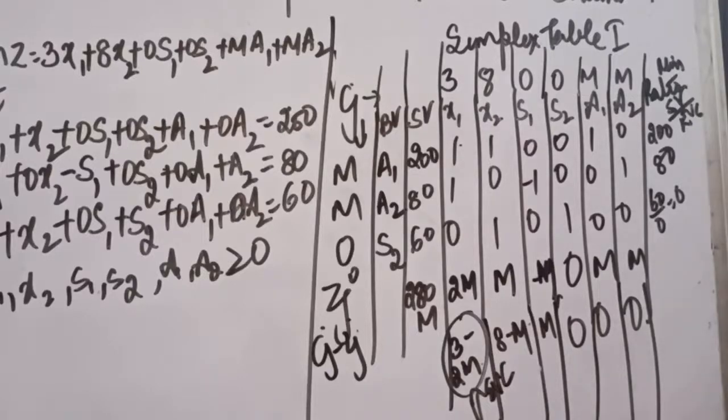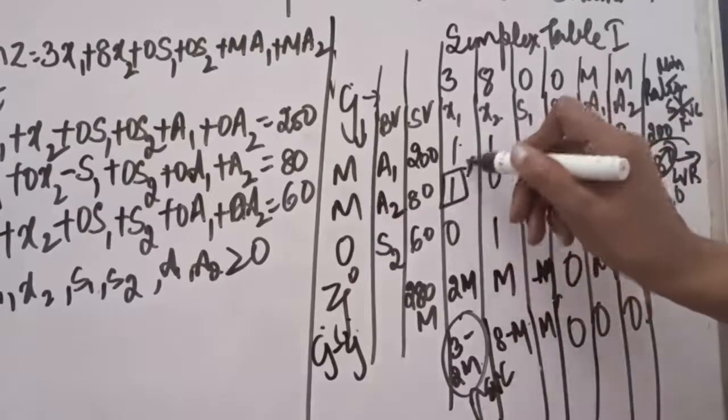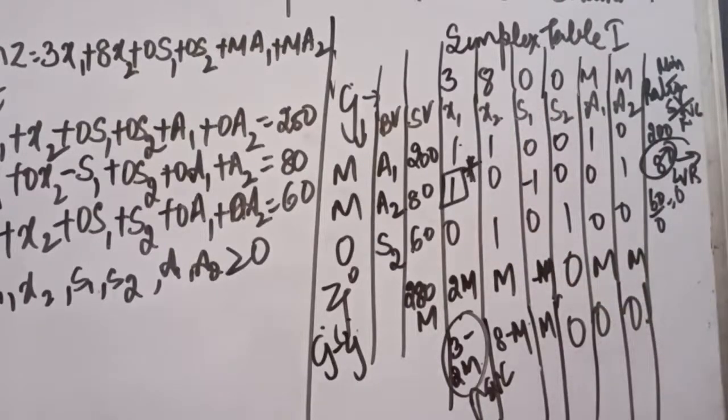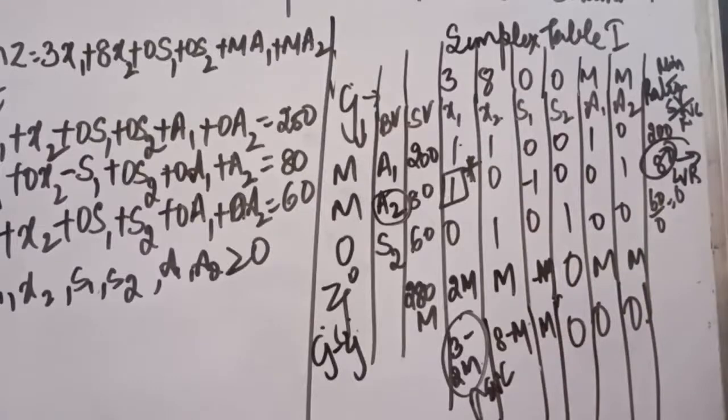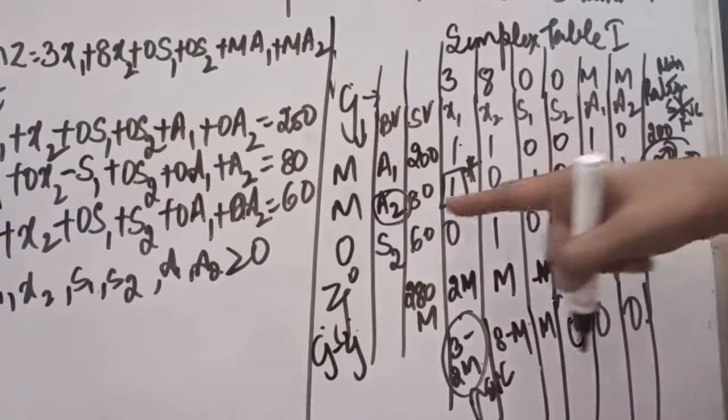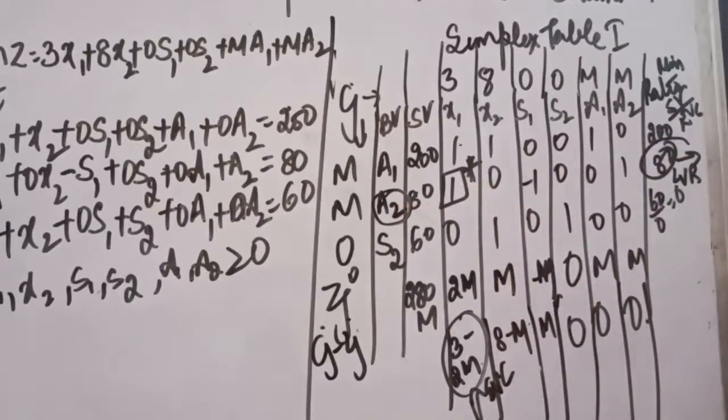What is the minimum value? This will be taken as the minimum, so this will become our leaving variable row. At the intersection point, this will become our key element. So from here we can say that A2 is the leaving row and X1 is the entering variable column. X1 is going to enter, and the leaving one will be A2. With this we will prepare simplex table number 2.